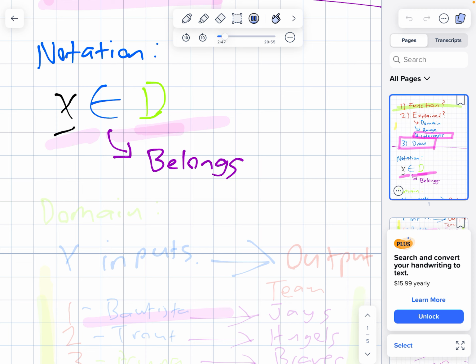X belongs to a group D, or X is a unique element of D.